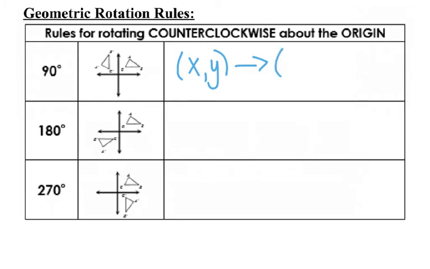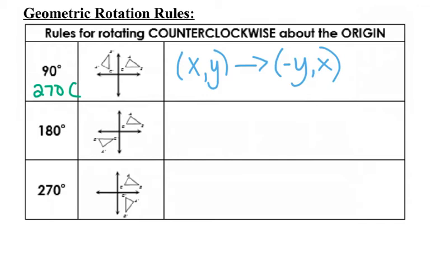And then for the image, it's going to be negative y comma x. So the original y coordinate is going to move to the very beginning of the parenthesis, and it's going to have the opposite sign. And the original x coordinate is just going to move to the back of the parenthesis, but it'll have the same sign. Okay, and also remember that 90 degrees counterclockwise is the same as 270 clockwise.